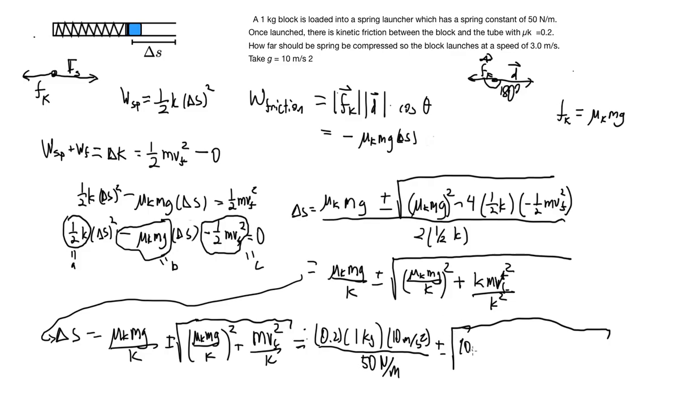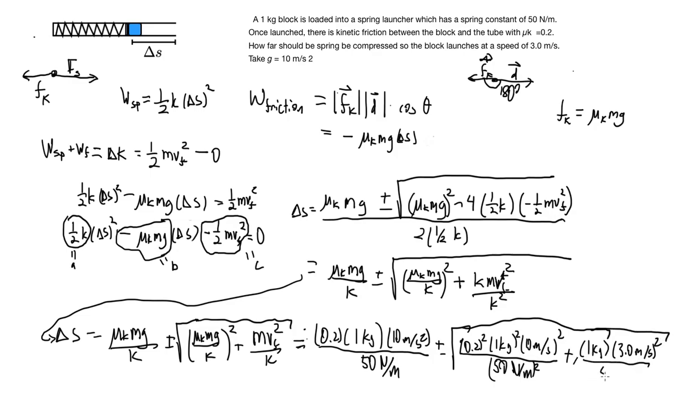So that's 0.2 squared times 1 kilogram squared times 10 meters per second quantity squared, all over 50 newtons per meter squared, plus m, which is 1 kilogram, times v final, which is 3.0 meters per second squared.